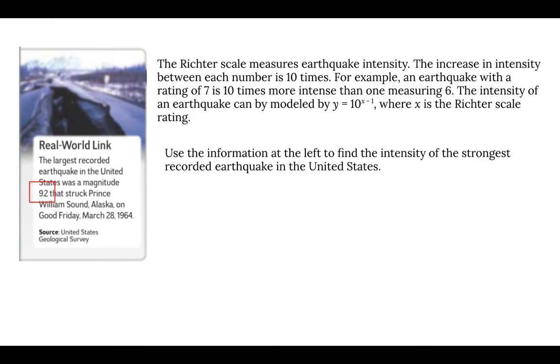So that 9.2 is my x value that we're going to plug into the equation. If I replace it, I can simplify. 9.2 minus 1 is going to give us 8.2. I can use the calculator. 10 to the 8.2 power. Pretty big number. 158,489,319.2 for the magnitude.